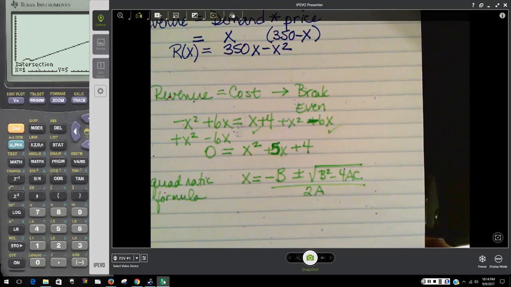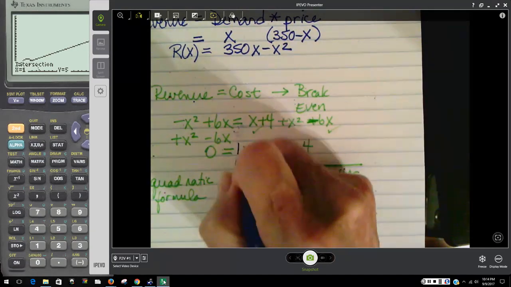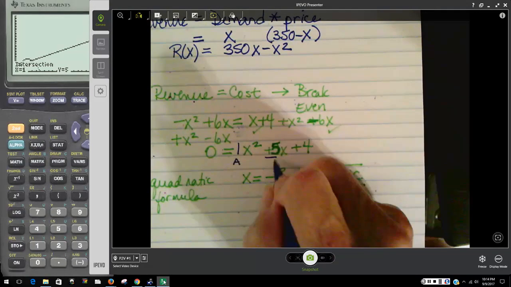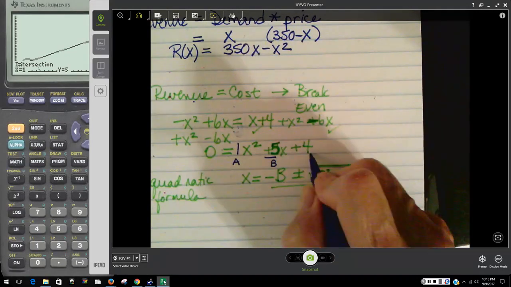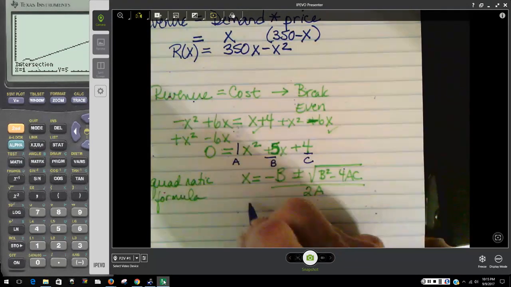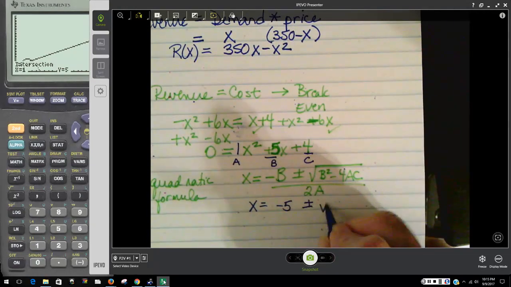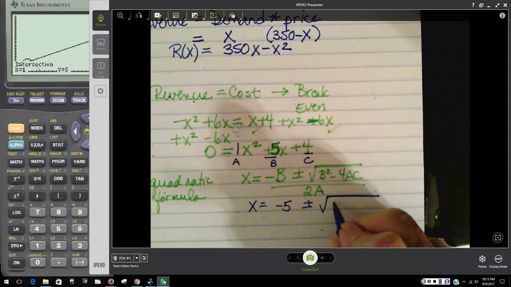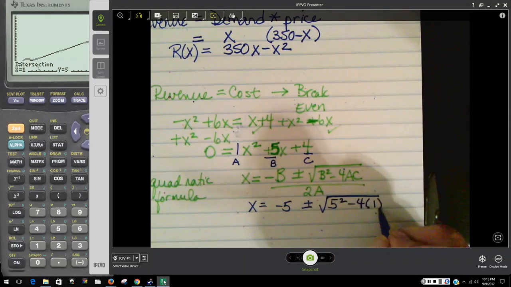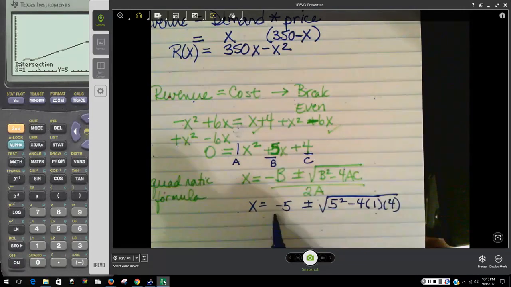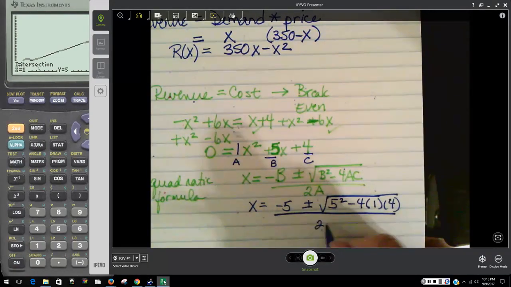And in this case, a is 1, b is 5, c is 4. So x is going to be the opposite of b, which is negative 5, plus or minus the square root of 5 squared minus 4 times 1 times 4, divided by 2 times 1.